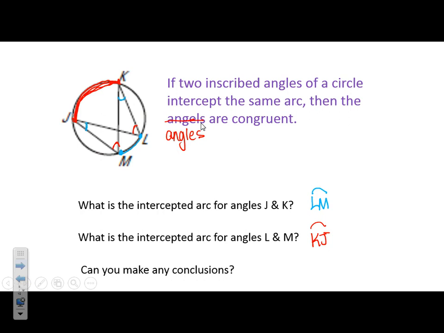So if 2 inscribed angles of a circle intercept the same arc, then their angles are congruent. Okay? So that is a conclusion we can make, that J and K have the same degree. So angle J and angle K are congruent. We can also say that angle L and angle M are also congruent.